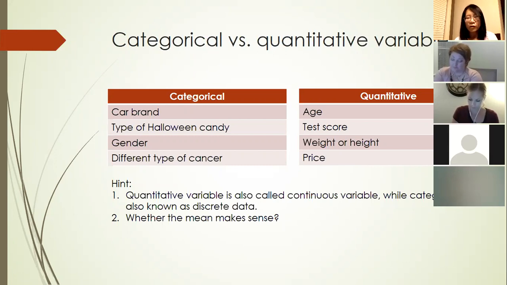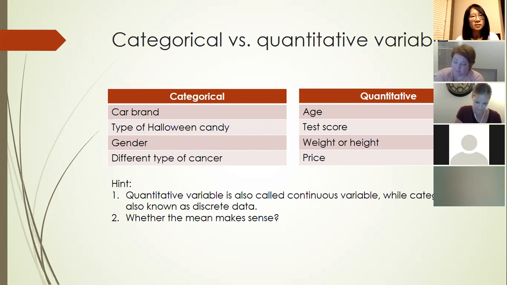And a quantitative variable is something that has continuous features. For example, age, from infant to 100, has continuous features. That's why sometimes it's called a continuous variable. Test score is a continuous feature too.